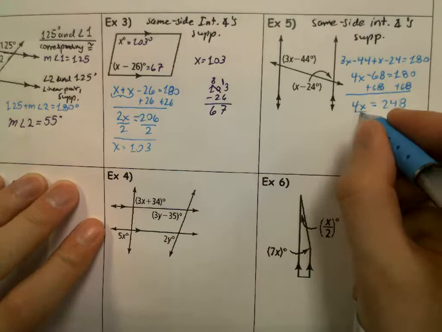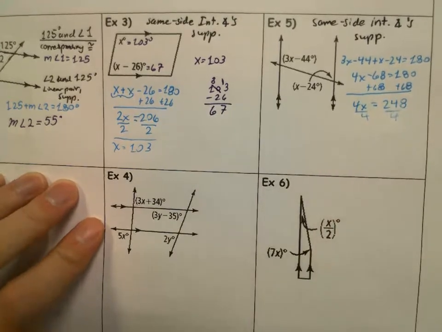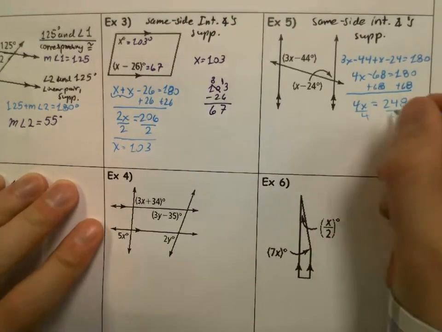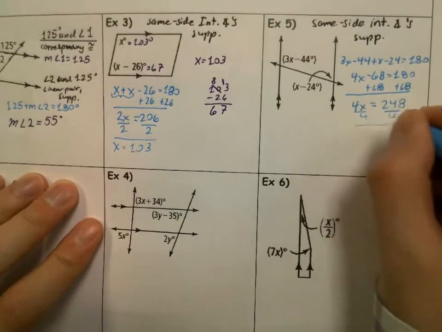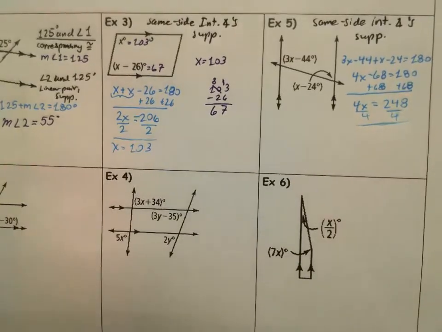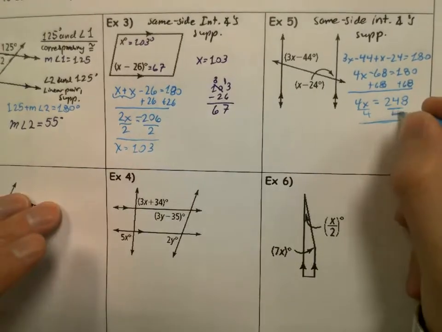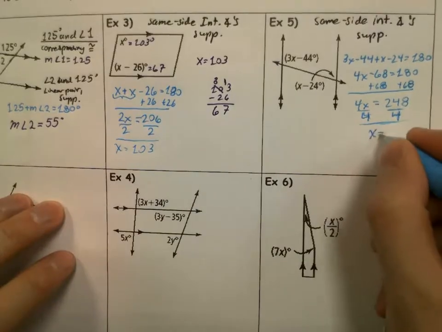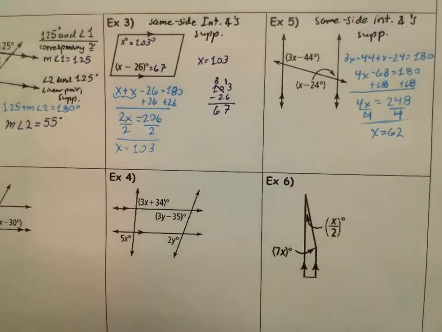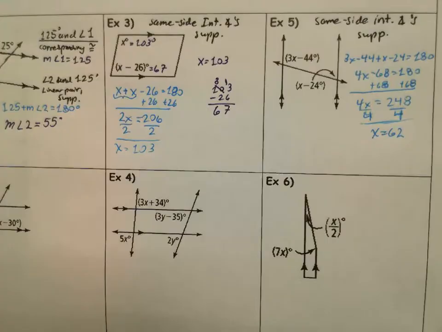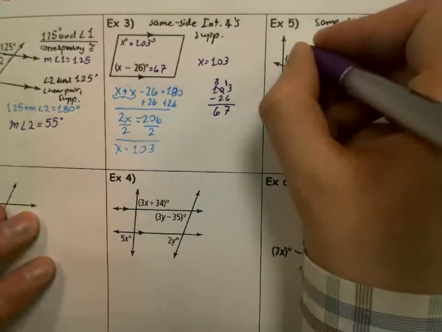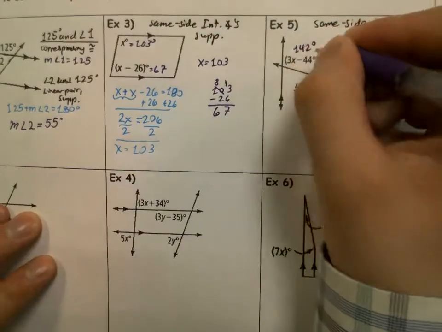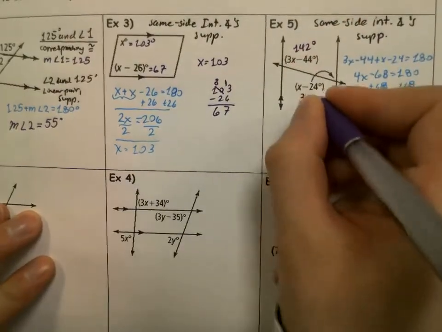Okay? Divide by 4. We get x equals 62. Okay? Then you'd plug that back in, and when you did, you would get over here 142 degrees and 38 degrees.